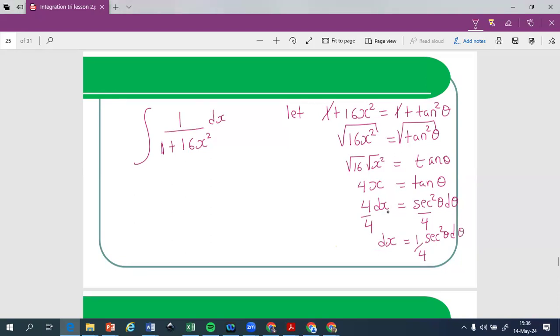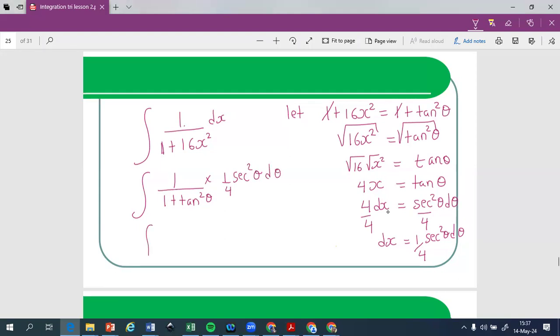After obtaining this, just come back to your original expression, and you say this is 1 out of 1 plus 16x squared. We said initially that 1 plus 16x squared is the same as 1 plus tan squared theta. So down here I'll have 1 plus tan squared theta, times my dx, which is 1 out of 4 sec squared theta d theta.